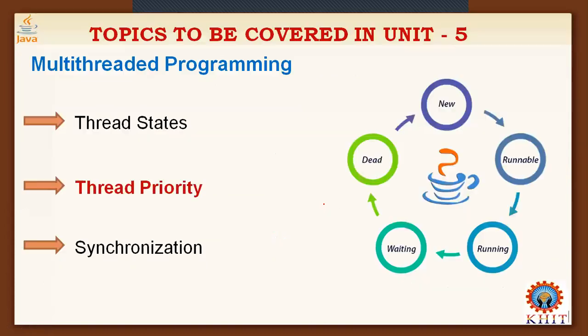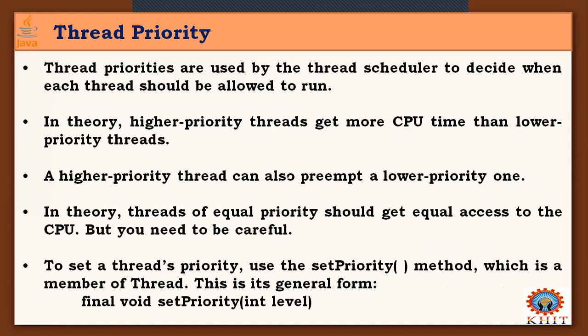Got it? The second topic is thread priority. Thread priority is generally used by the thread schedulers, making the proper order for execution on the CPU, to decide which thread should be allowed to run on the CPU. In theory, higher priority threads get more CPU time than lower priority threads.